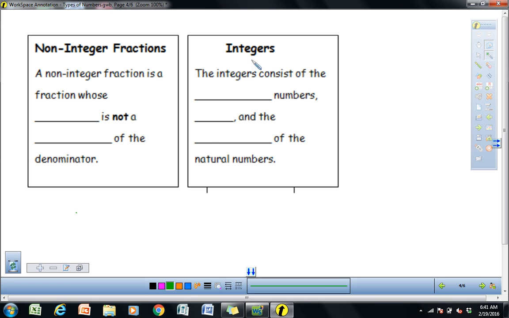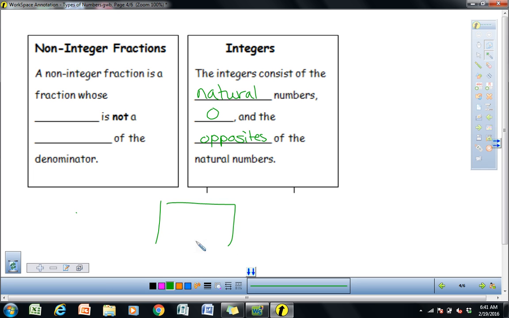And then we're going to go back to integers. So the integers consist of the natural numbers, so our 1, 2, 3, 4, 0, so all of our whole numbers now, and the opposites of our natural numbers. So that's where we have our -2.